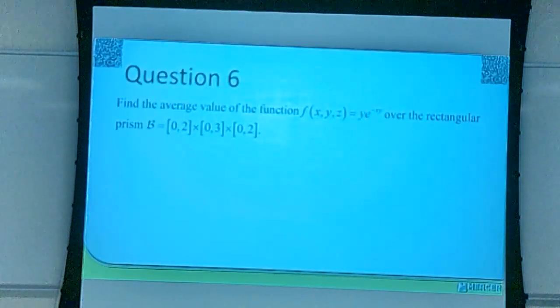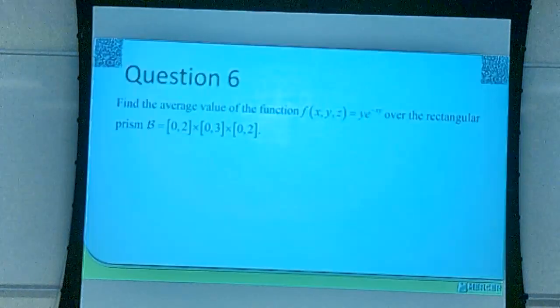And for average value, we're going to look at a simple solid. We want the average value of y e to the negative xy over the rectangular prism 0, 2 cross 0, 3 cross 0, 2. And we don't need to plot this solid because it's a box.